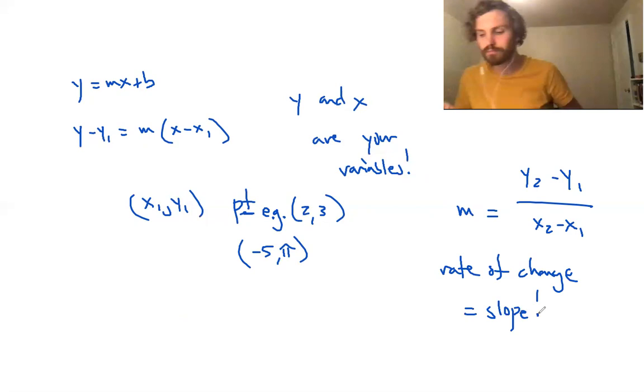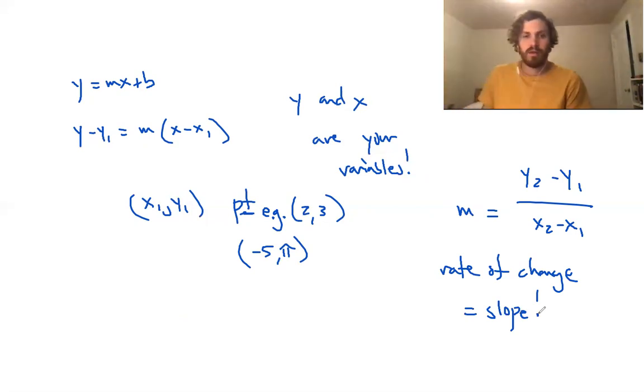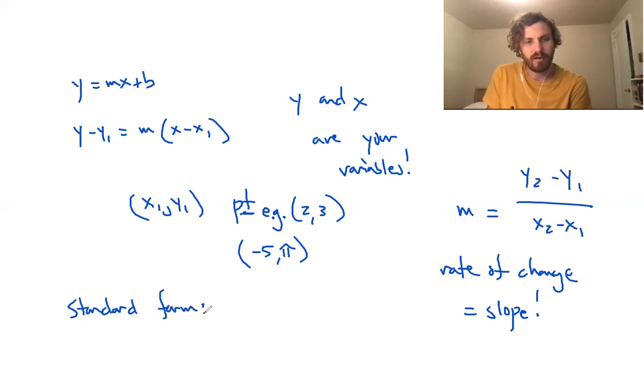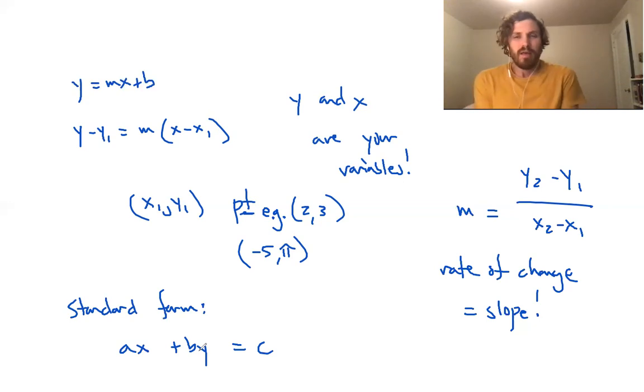And the final thing that we're going to use a little bit later is standard form. This one isn't used maybe quite as much, but standard form for a line is often written ax plus by is equal to c. So that one's not great for writing the equation.